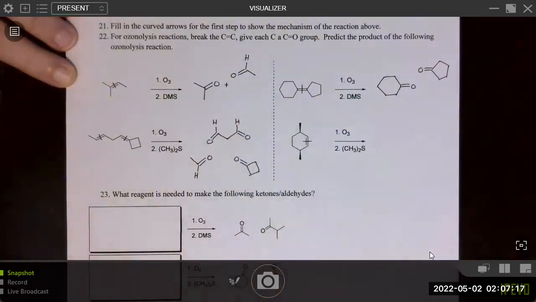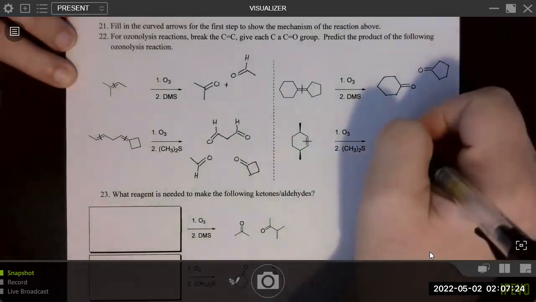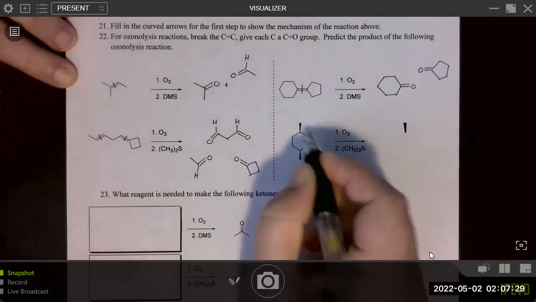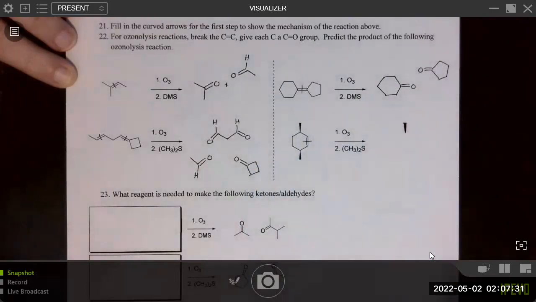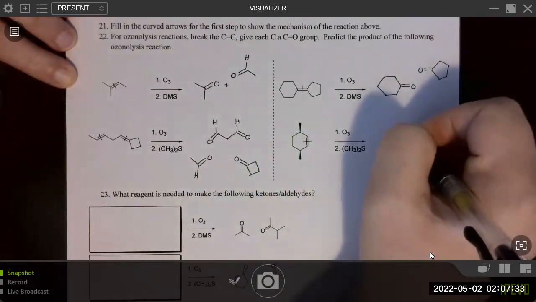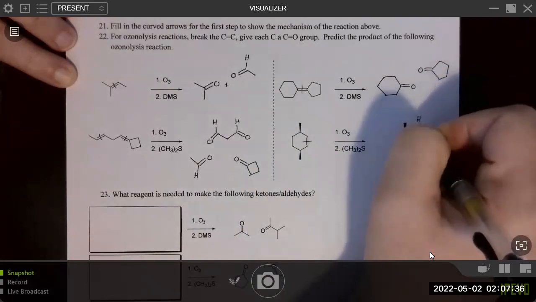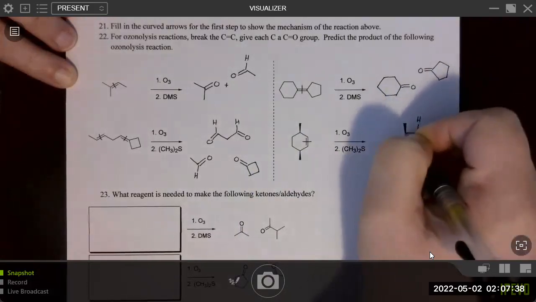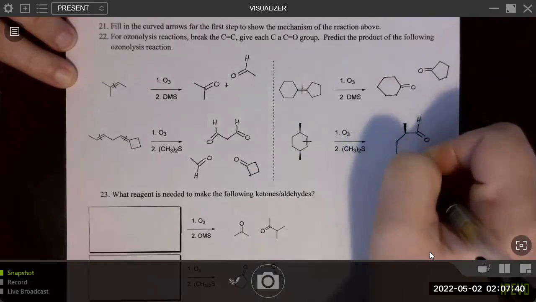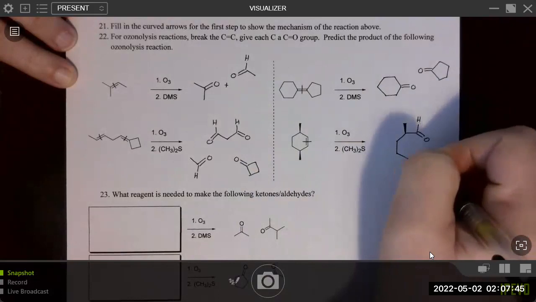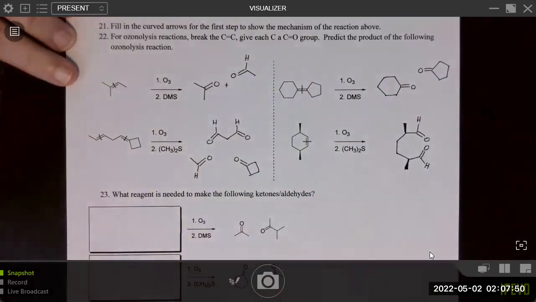This one is going to form two aldehydes, but they're going to be tethered together, right? So you could initially maybe try to draw it sort of still in a ring-like conformation, even though it isn't really a ring anymore, just to make sure you keep the stereocenters the same, something like that.